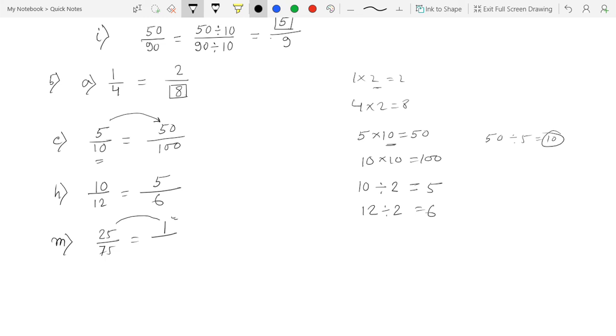That means after dividing something into 25 you will get 1. You have to find out that dividing number. So if you divide 25 by 25 you will get 1. That means you have to divide 75 by 25 also. If you divide 75 by 25 you will get 3. So 3 is the answer. Clear?